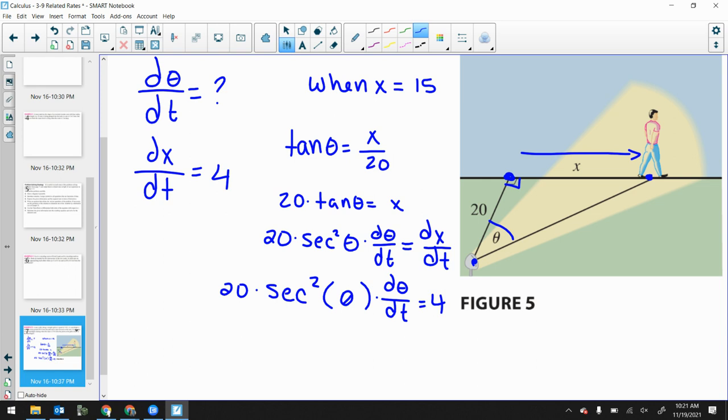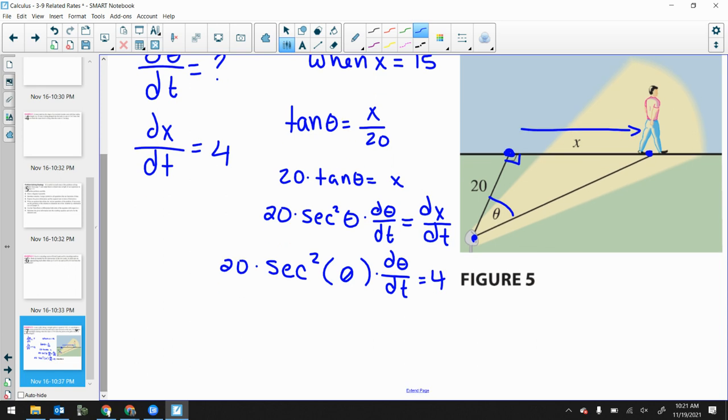Okay, so what we have here, we just divide over to the other side 20 and secant squared theta. So d theta dt is equal to 4 divided by 20 secant squared theta. Just dividing that over to the other side. Because again, what we're solving for here is d theta dt.